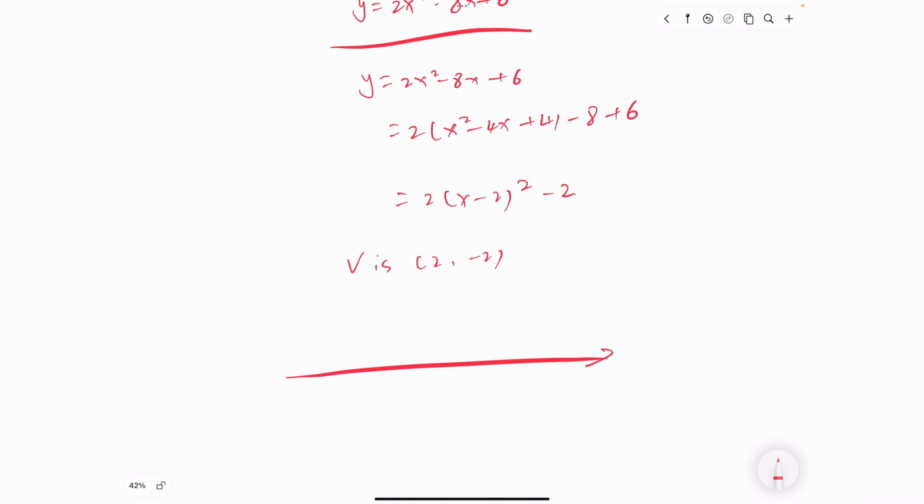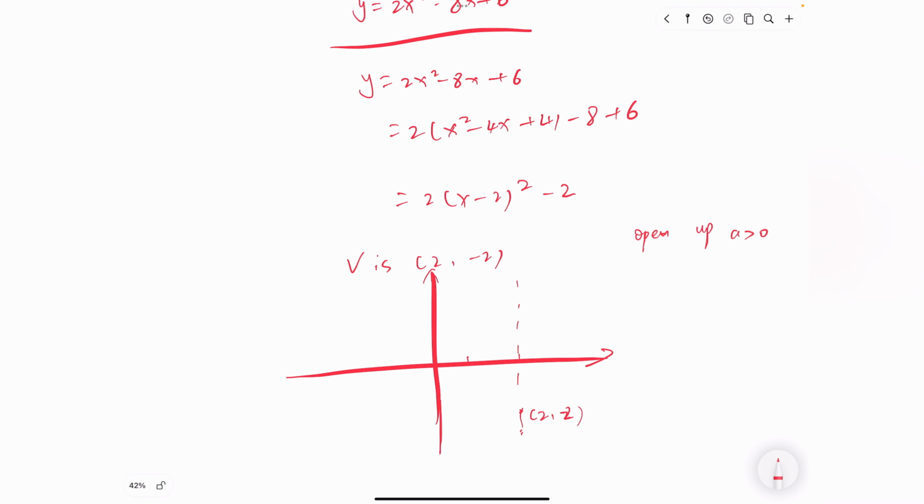When we sketch the graph, we can use the symmetry line, x equal to 2. So right here, the vertex is 2, negative 2, and the opening is up because a is greater than 0. So 2, negative 2 is here.